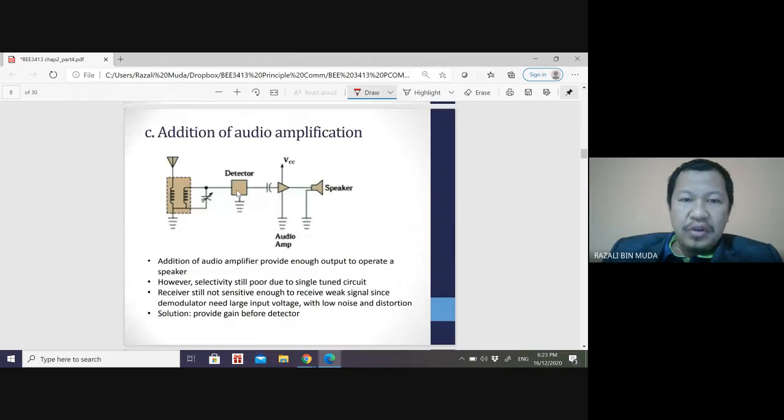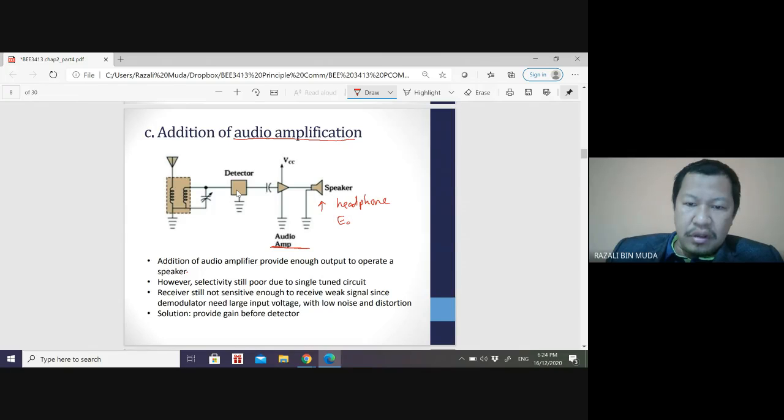Next is the addition of audio amplification. The next improvement is adding the audio amplifier. The audio amplifier provides enough output to operate a speaker, instead of the headphone or earphone.